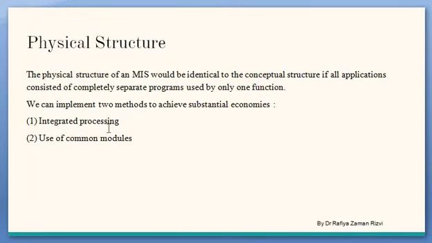Now we come to the physical structure. So the physical structure of an MIS would be identical to the conceptual structure if all applications consisted of completely separate programs used by only one function.